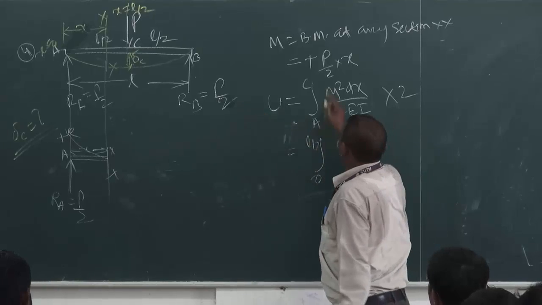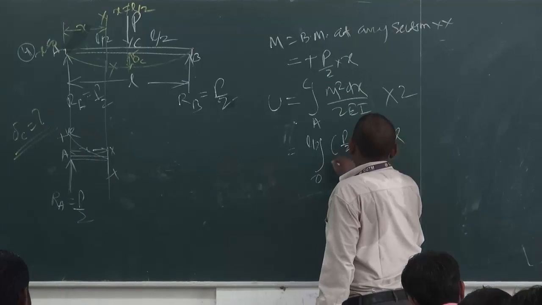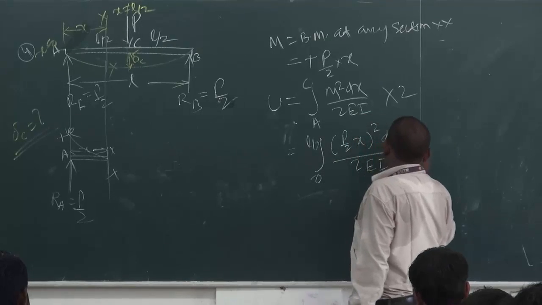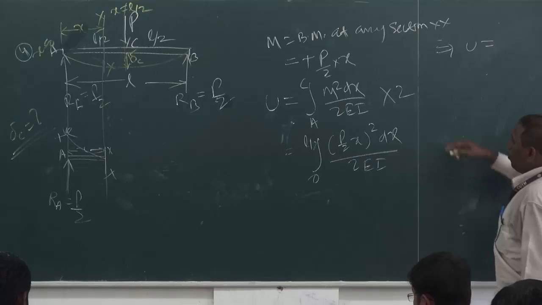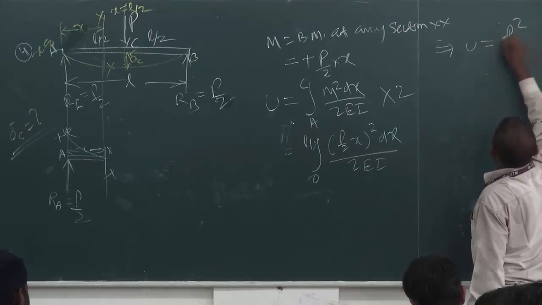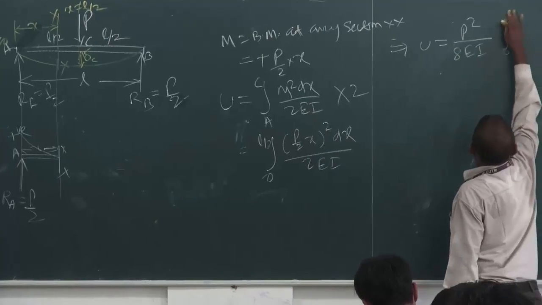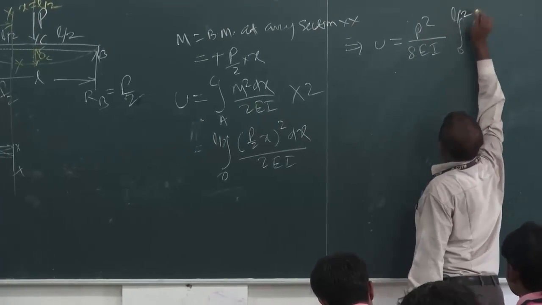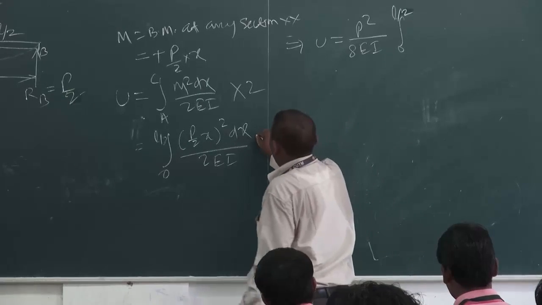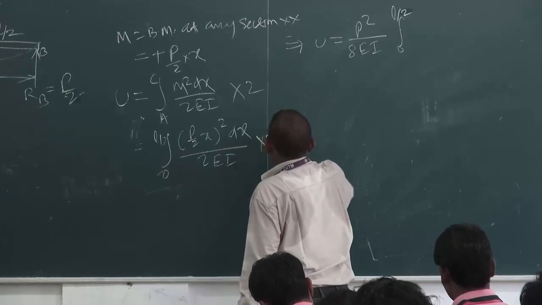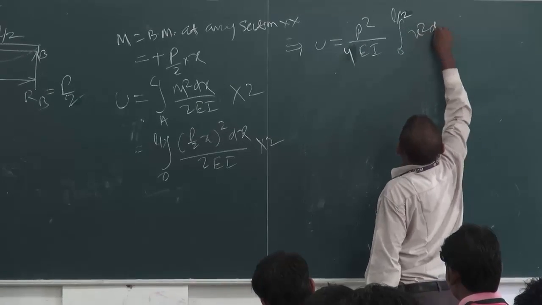And the M value is P by 2 X, squared, into dx by 2EI, from which the U value is equal to P square by 4, taken out, and 4 into 2 is 8EI, integration from 0 to L by 2, and x square dx.